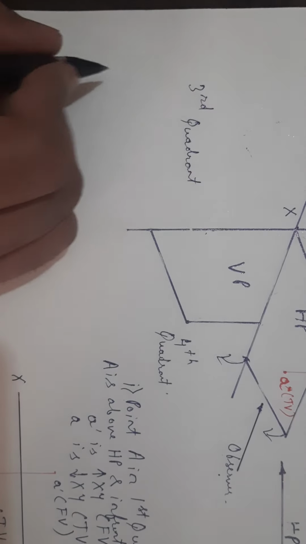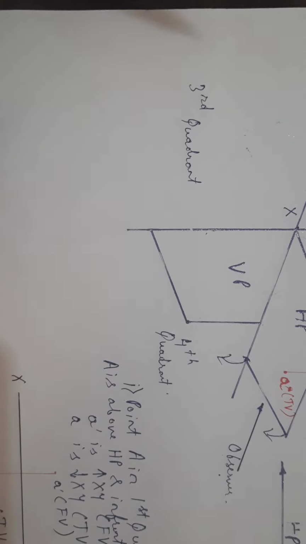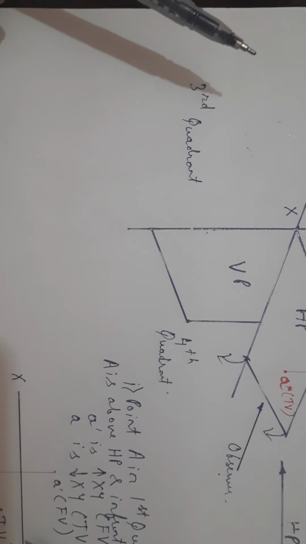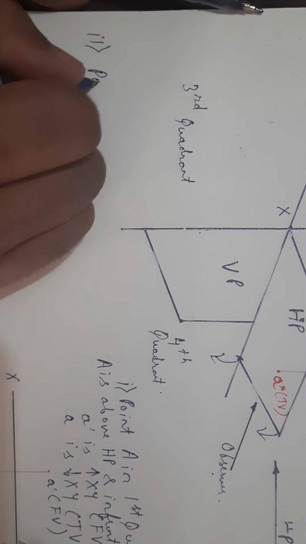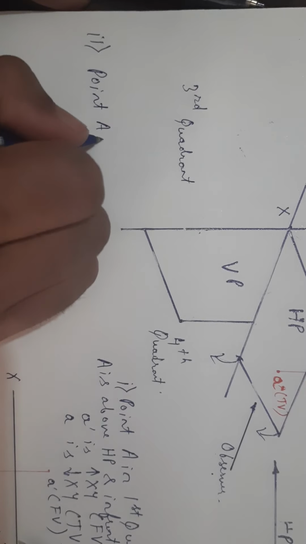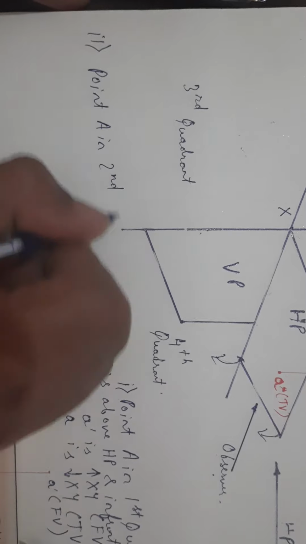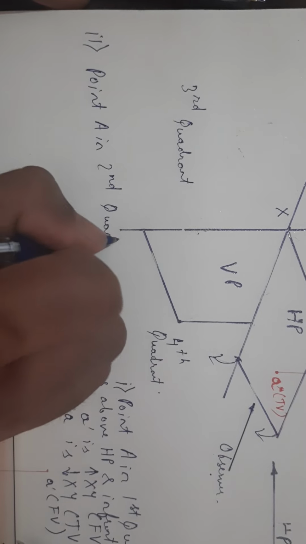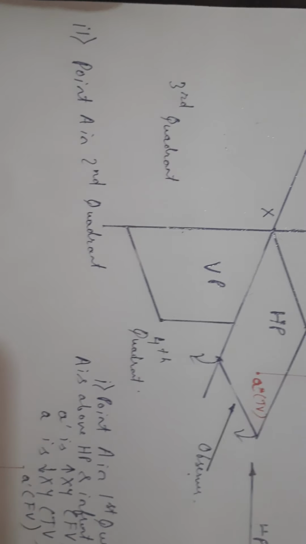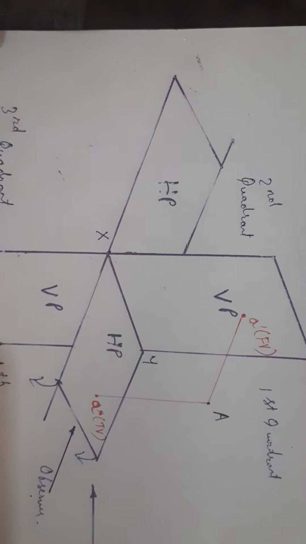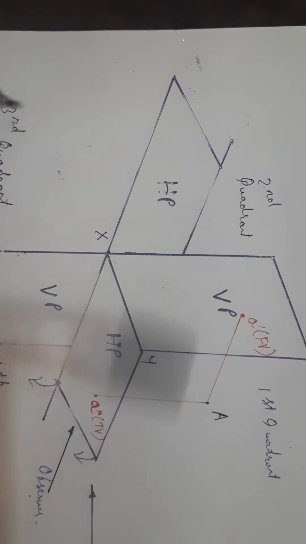Now let me write it for when the point is in the second quadrant. What happens when the point A is in quadrant number 2? Let us go back to the 3D diagram now. Suppose the point A is over here.